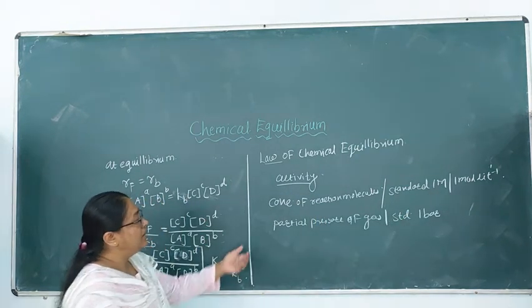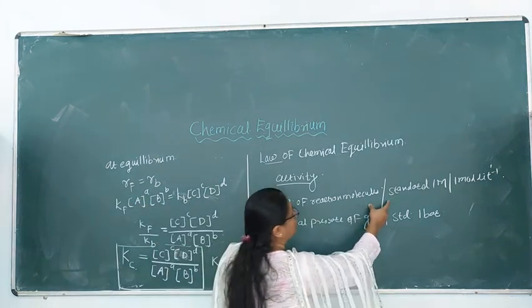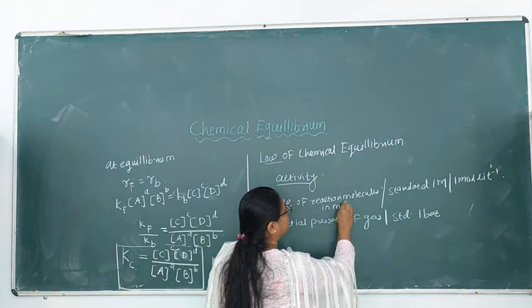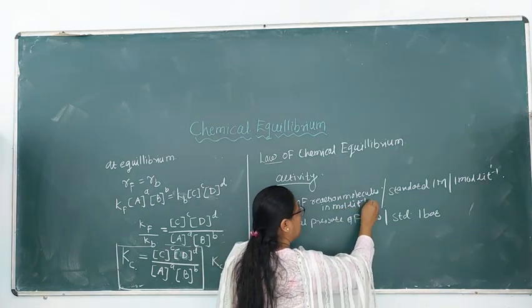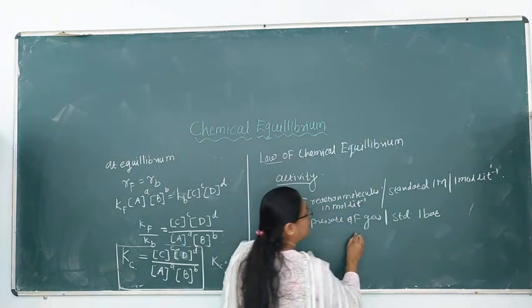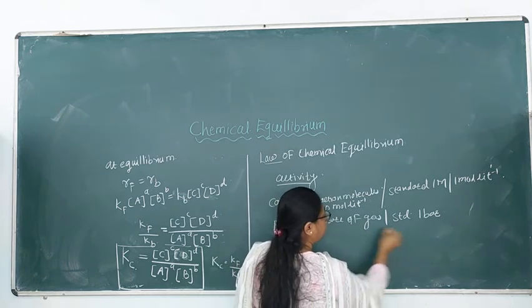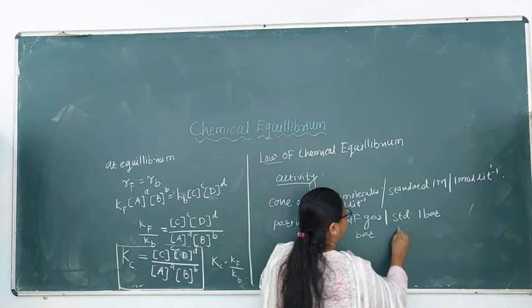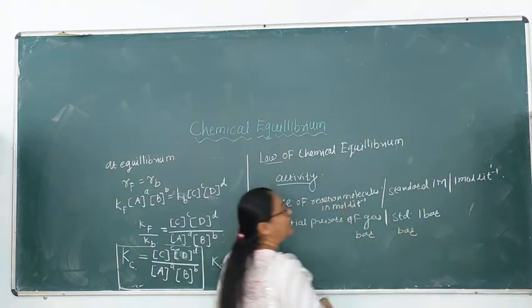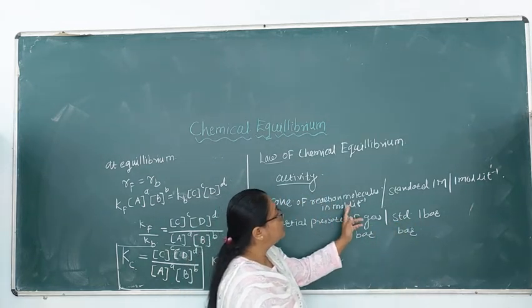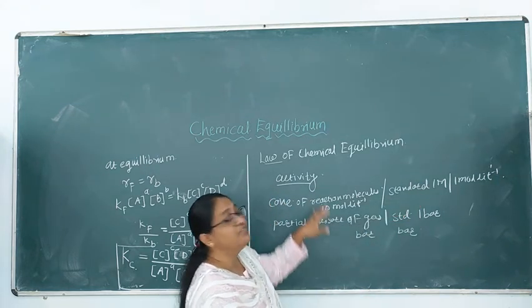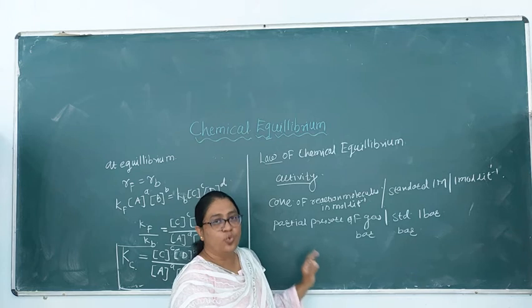As these two are ratios, the concentration is in moles per liter, and the pressure is in bar. So the moles per liter in the numerator and denominator cancel, and hence the activity is a unitless quantity.